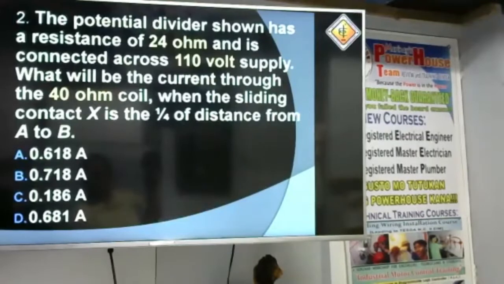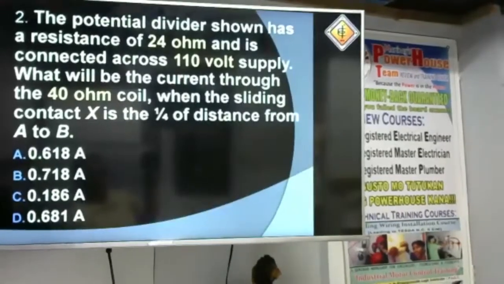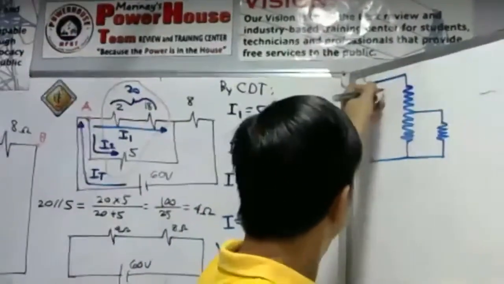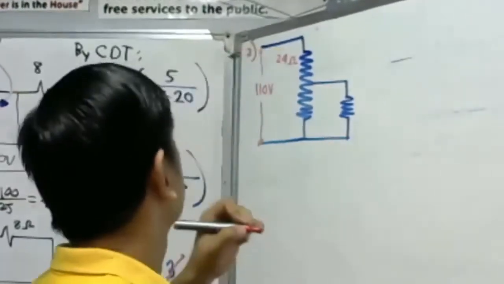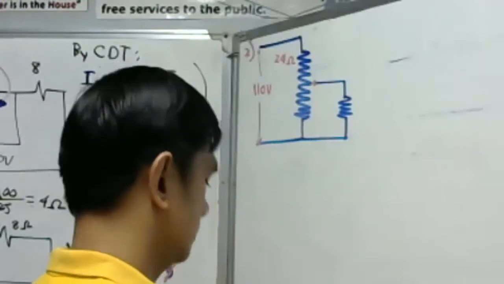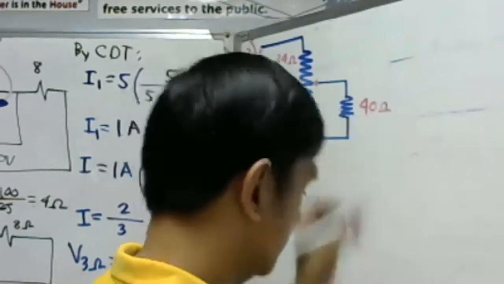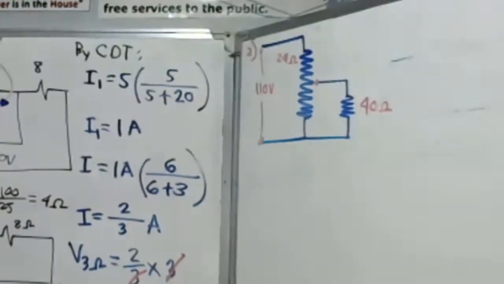We have a 110 volt source here. Then our potential divider is 24 ohms, the whole resistance is 24 ohms. Then we have a 40 ohms resistance here. So that is the given.